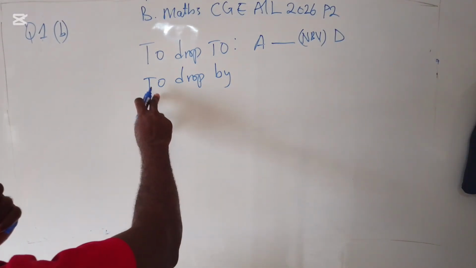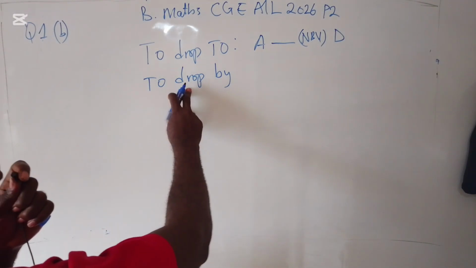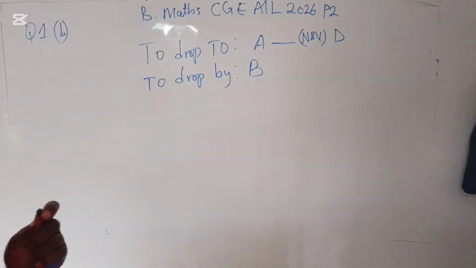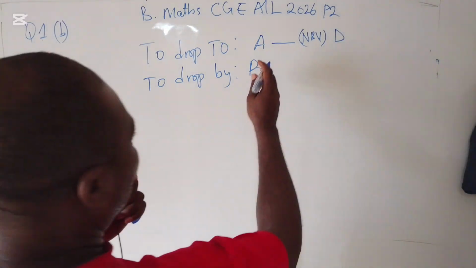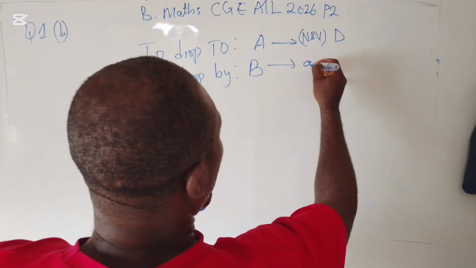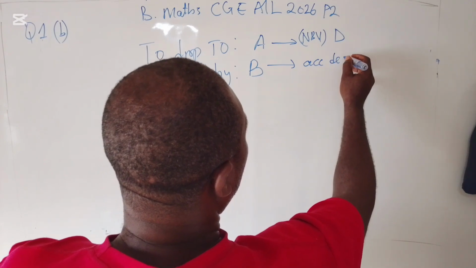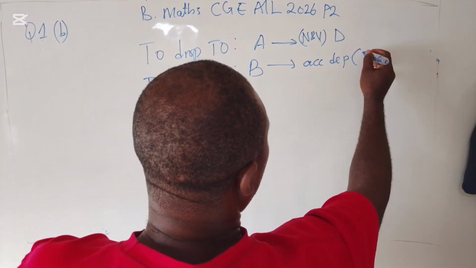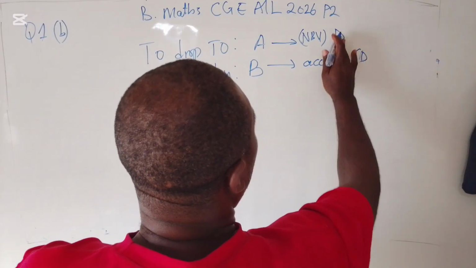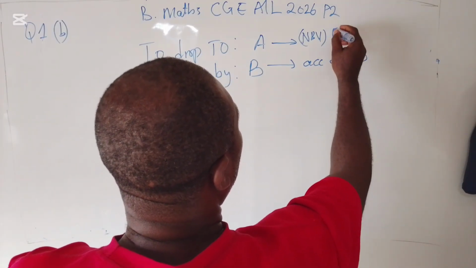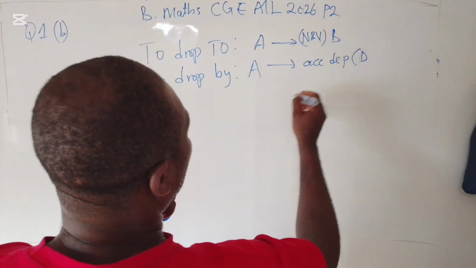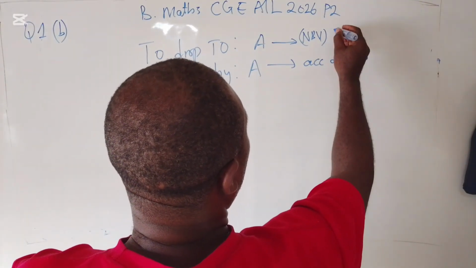When you hear the statement "drop by" a value B, note that this value B is the accumulated depreciation.